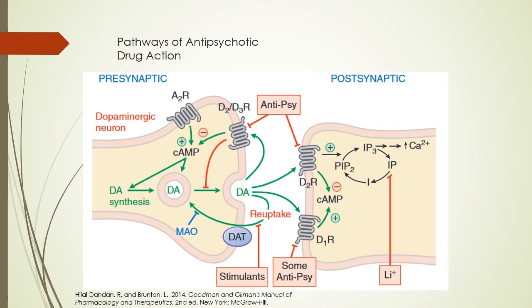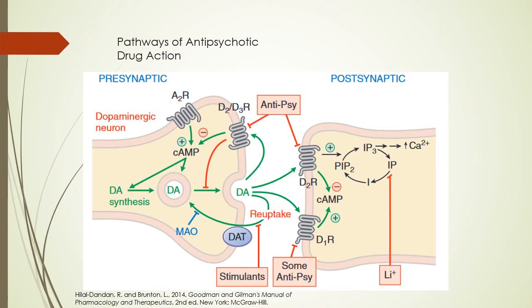Next, we also have antipsychotics that bind to the dopamine 2 receptor. So these drugs are usually the atypical antipsychotics or the second generation antipsychotics. So when the dopamine 2 receptor is activated by the atypical antipsychotics, then what happens is a decrease in the release of dopamine.